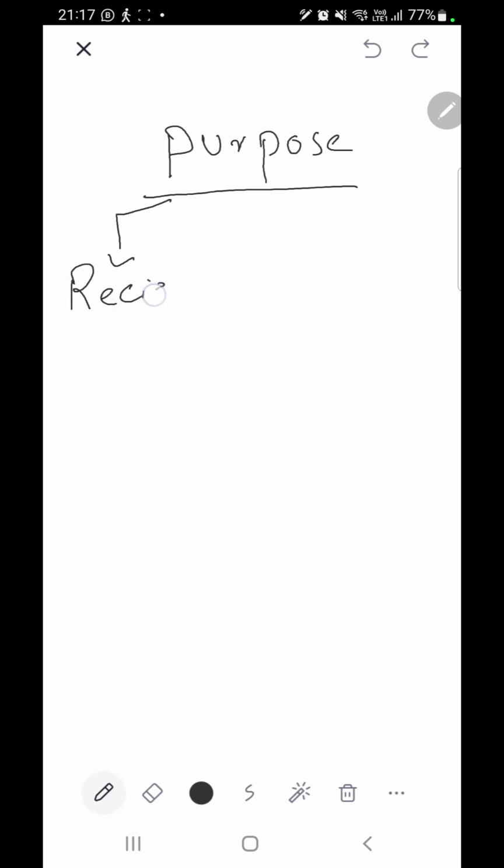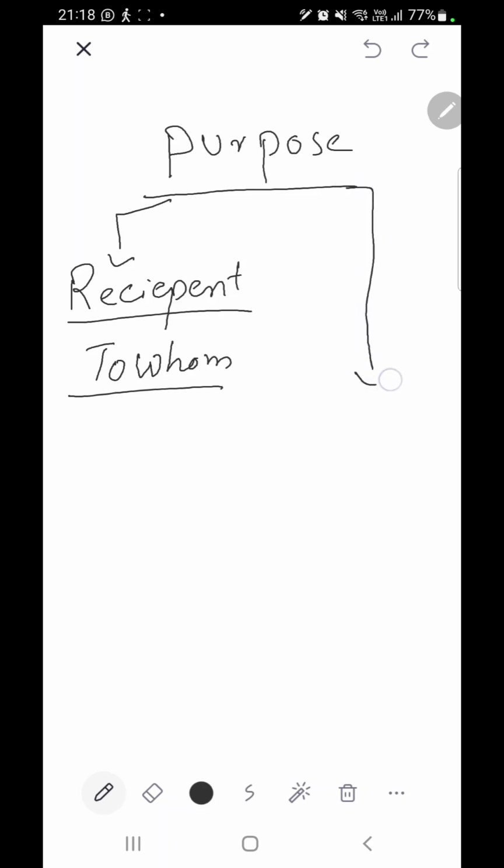So to begin with, what do we have in the purpose of writing? In the purpose of writing marking criteria, you have two things. First of all, who is the recipient? Who is receiving these case notes, or simply, to whom are we writing this letter.